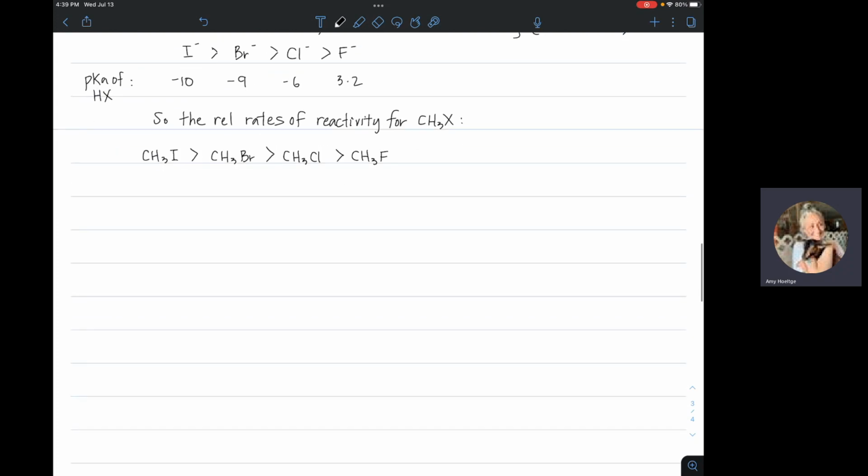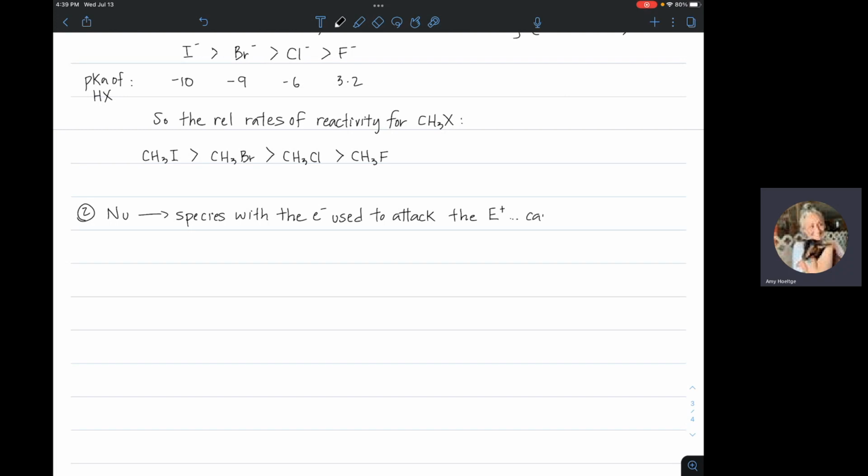The other thing that we have to worry about is going to be the nucleophile. So the thing that's doing the attacking. So in other words, this is going to be the species with the lone pair, so with the electrons used to attack the electrophile or the electrophilic carbon.